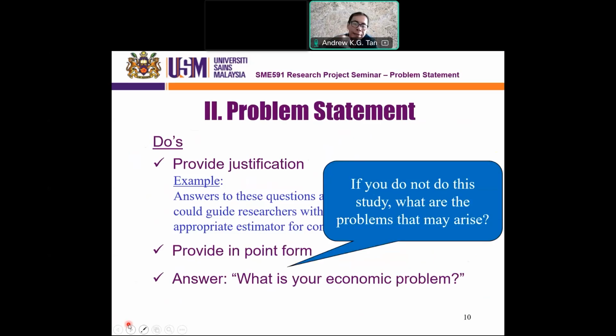If you have stated all these problems very clearly, then you have a very good problem statement. I hope you understand that. How to identify a good problem statement is to see whether the problem statement has identified what are the problems that may arise if the study is not conducted.